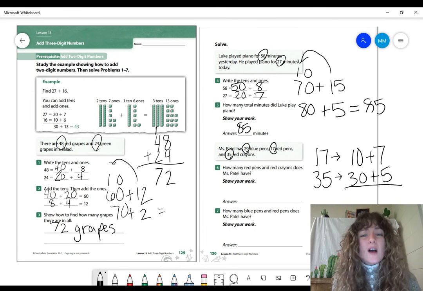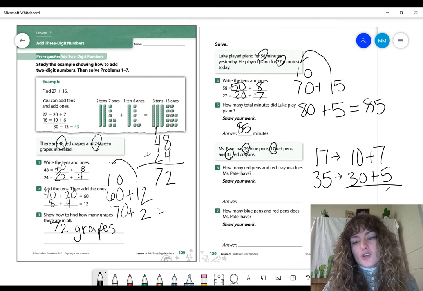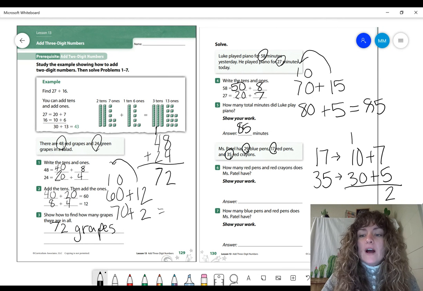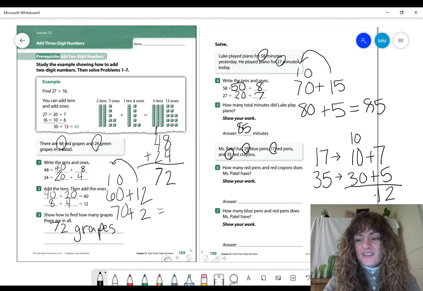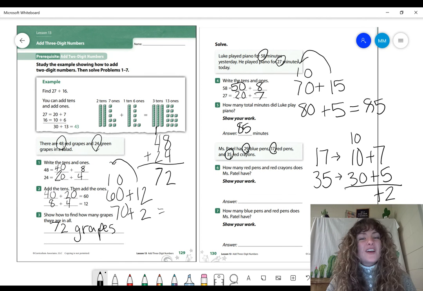12 ones. Can I have 12 ones in the ones place? No, but in the number 12, I have 2 ones and 1 group of 10. Okay, so my ones still hang out with my ones, and my tens hang out with my tens. So now I could add all my tens together.